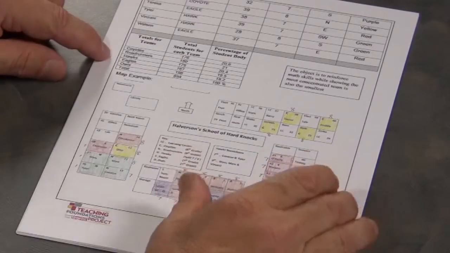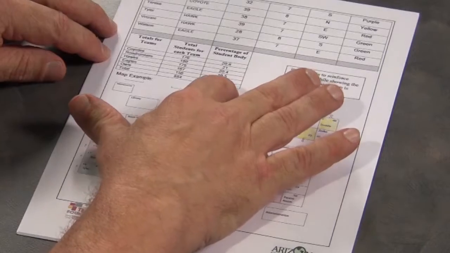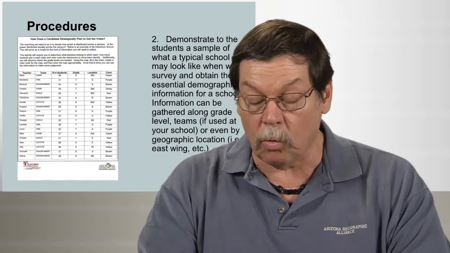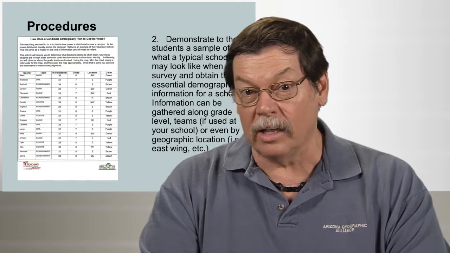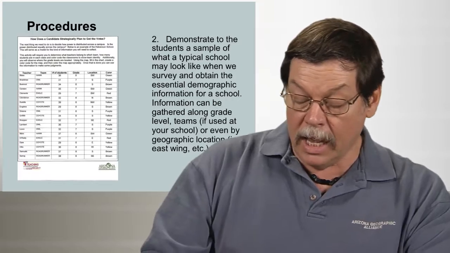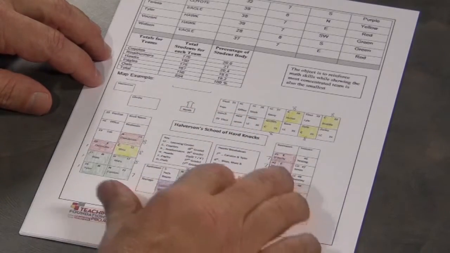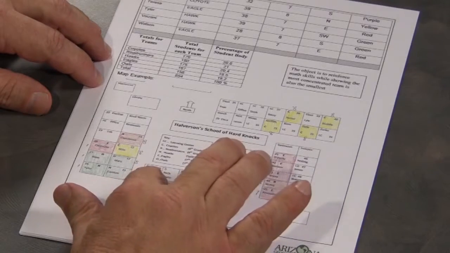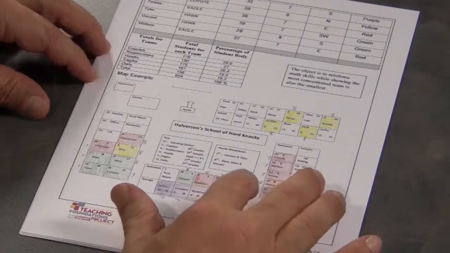Then I charted each team and the number of kids on there, and we did a percentage of the student body from each team, because I wanted the kids to see that while it looks like there's a big disparity, it's not necessarily so. Then the kids took each of the teachers and color-coded them. For instance, along here are all the OWL classrooms, and these are all purple.